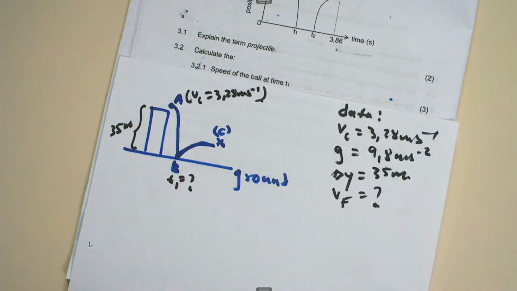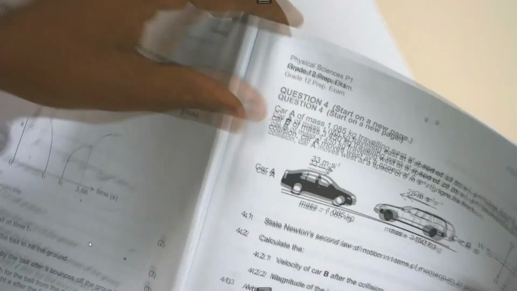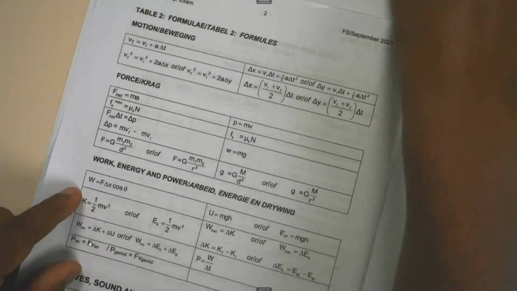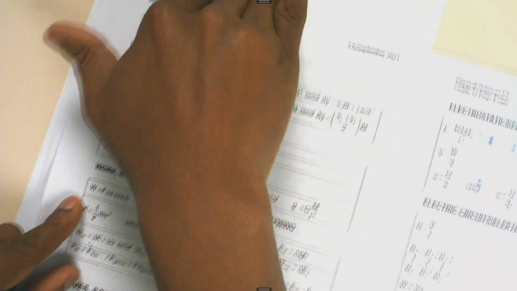So I am not going to complicate it. It's easy for me to understand fully that once I have the three values, I go to my formula sheet, and I choose an equation that relates to the information that is given.